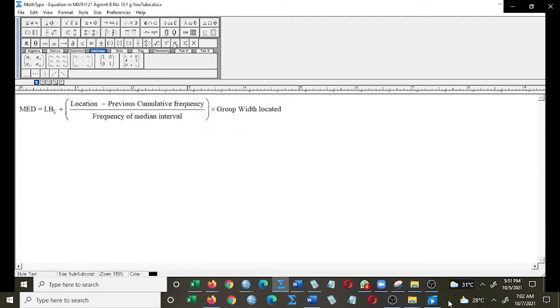Lower boundary of median interval, MI for median interval. Location, LOC or just L. Previous cumulative frequency, P, C, F. So that's what mathematics does. Convert words to symbols to simplify the expression. The frequency of the median interval, F for frequency.